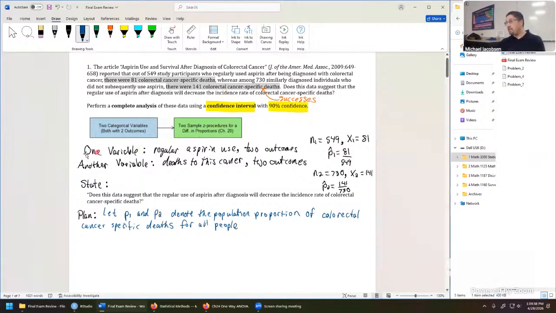At this point, we're saying what the population is. Our categorical variable here, the first one, is saying what the population is. All people who were diagnosed, who had regular aspirin use, or did not. So those are the two outcomes.